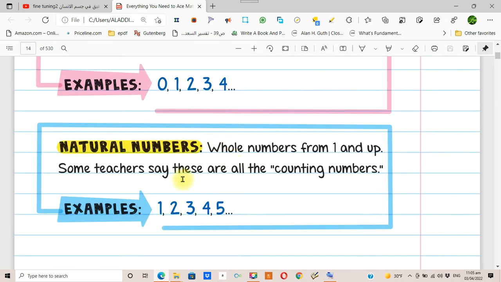Now another terminology, natural numbers. That's another terminology and concept in the language of math. Whole numbers from 1 and up. So what's the difference between natural numbers and whole numbers?